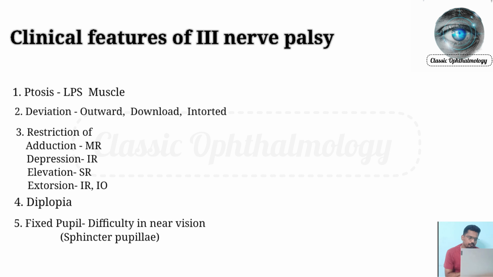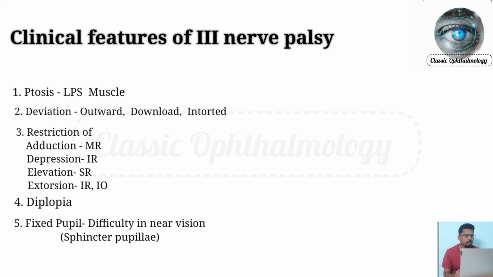Due to involvement of the sphincter pupillae, which is supplied by the Edinger-Westphal nucleus, the pupils are dilated and fixed, and sometimes due to loss of accommodation there may be difficulty in near vision. These are the classical symptoms of third nerve palsy.